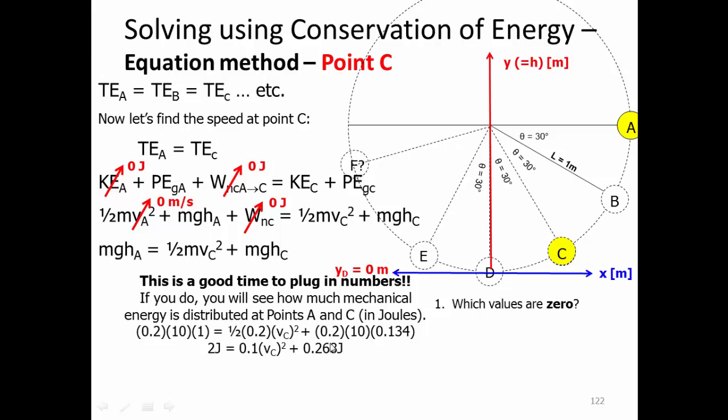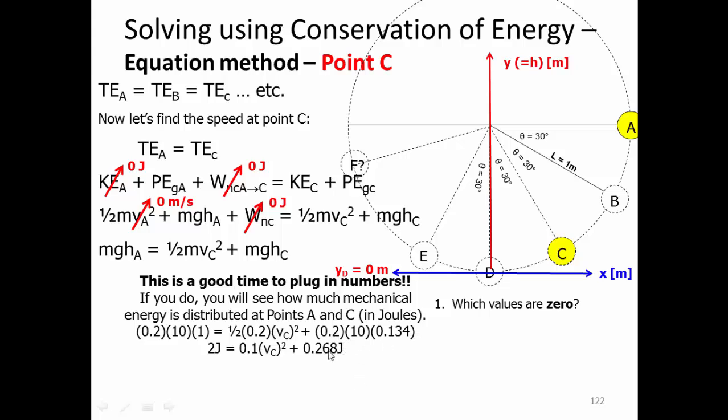And I magically came up with a number of 0.268 joules for our potential energy at point C. Now, I know that my height at point C is 0.134 meters, and when I go through the general solution, I'll show you how I got that number.